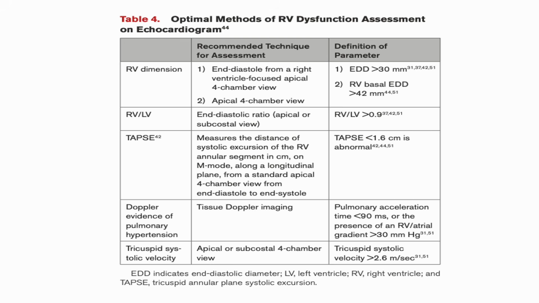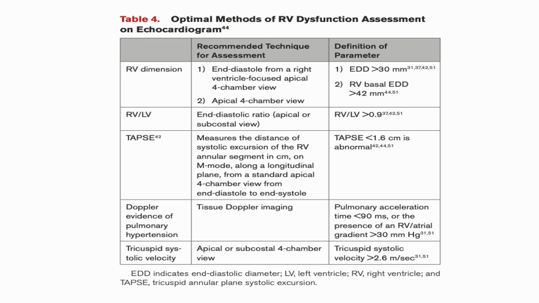Fourth, Doppler evidence of pulmonary hypertension during Doppler imaging. A pulmonary acceleration time of less than 90 milliseconds or presence of an RV atrial gradient of more than 30 will clinch it. And lastly, the tricuspid systolic velocity through an apical or subcostal four-chamber view should be more than 2.6 meters per second.